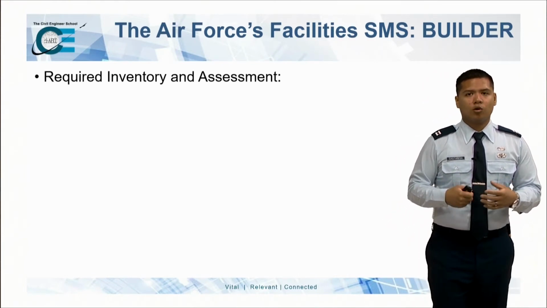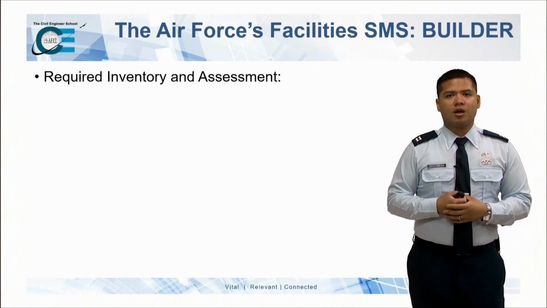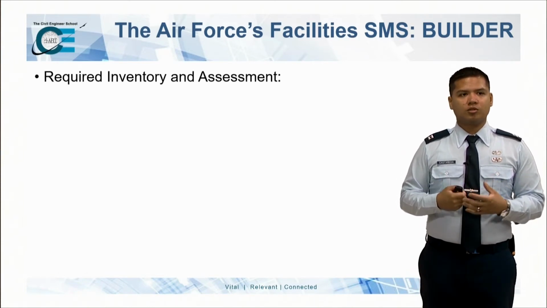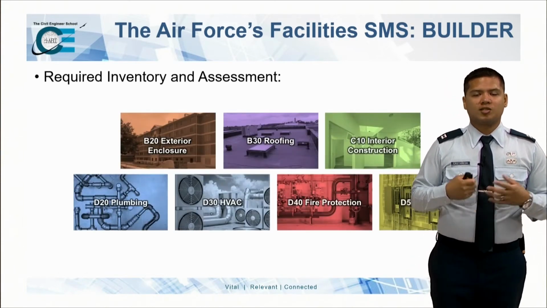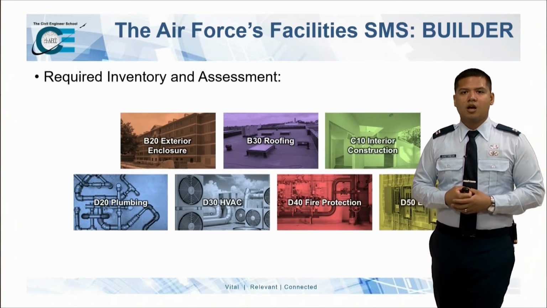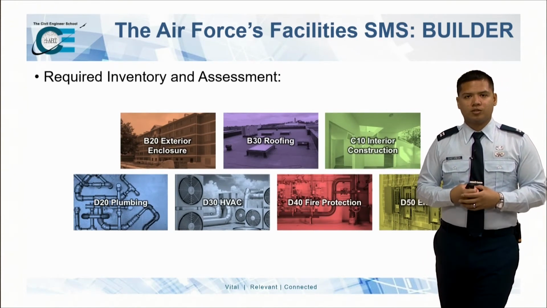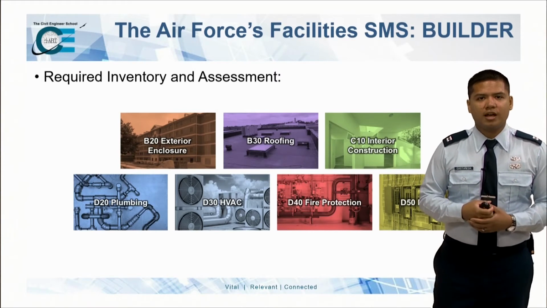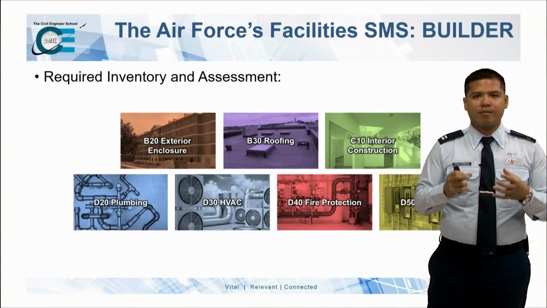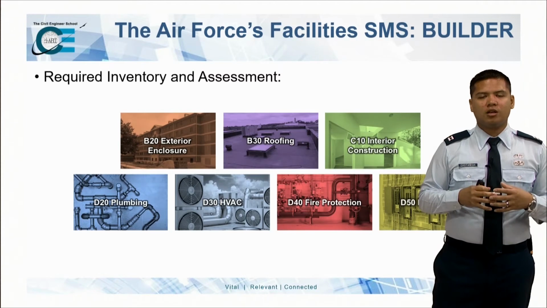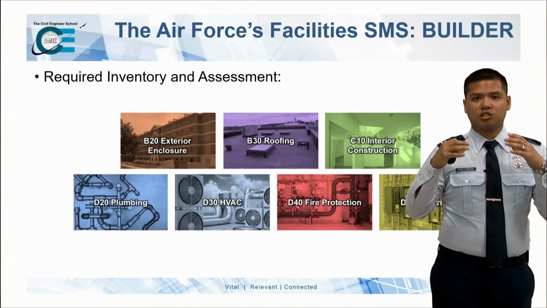So for the Air Force facilities, we have a sustainment management system called Builder, and there are 7 systems that are required to be inventoried for Builder. We have B20, exterior enclosures. Remember, B is that major group element, and 20 is the group element.